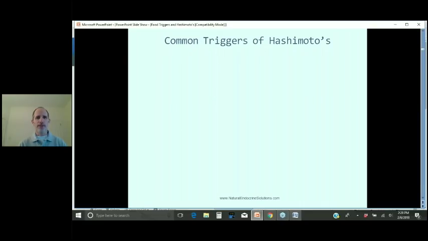Even though the focus will be on food triggers, I'd like to briefly talk about some of the common triggers of Hashimoto's. The first one is food. Gluten and dairy are some common examples, and we'll be talking more about these, especially gluten, in a few minutes. Stress is another trigger. It causes dysregulation of the immune system, and there are other mechanisms.